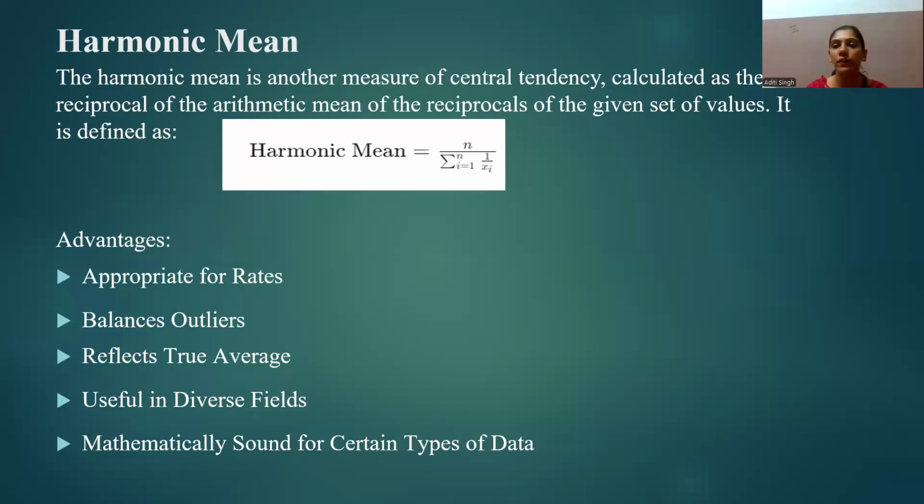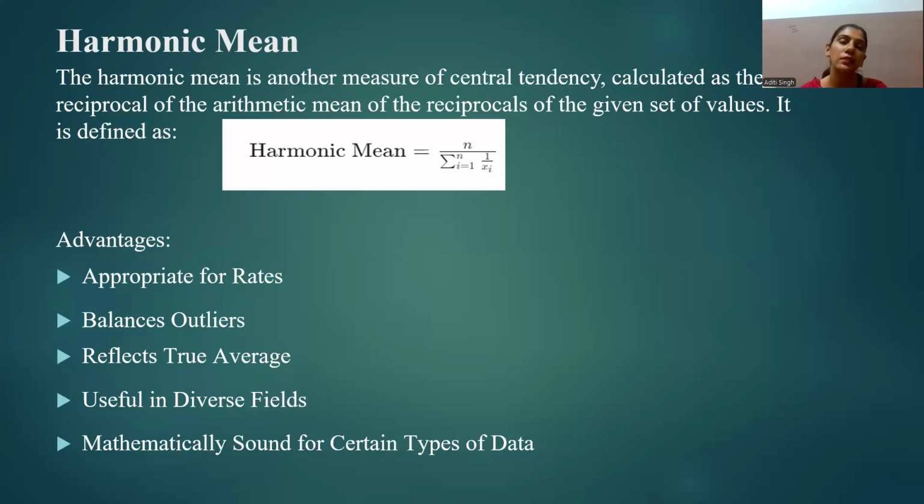Next is it reflects the true average. The harmonic mean provides a true average value for situations which involve an inverse relationship, like speed and travel time.